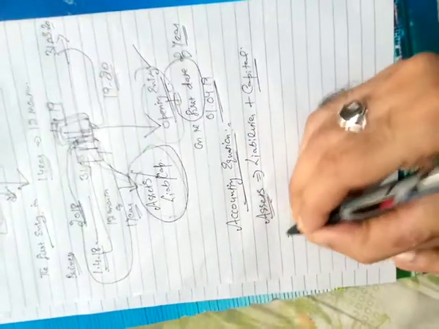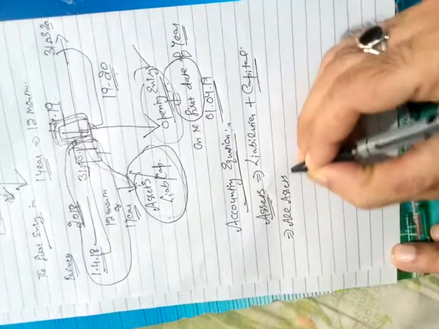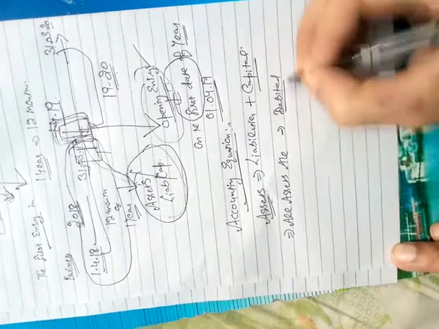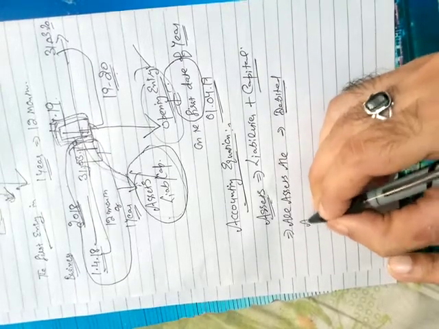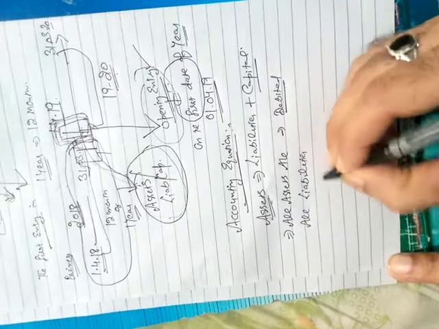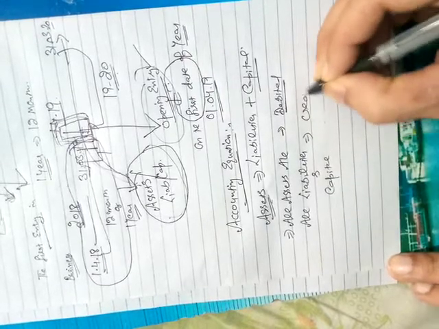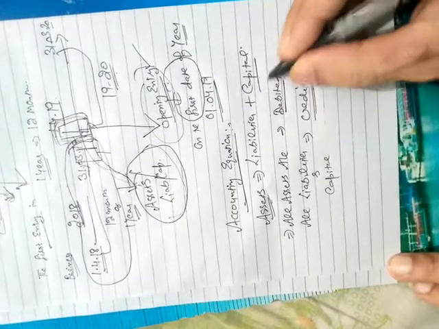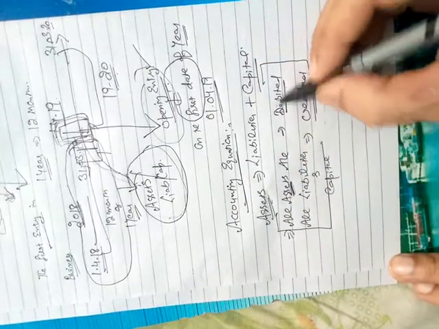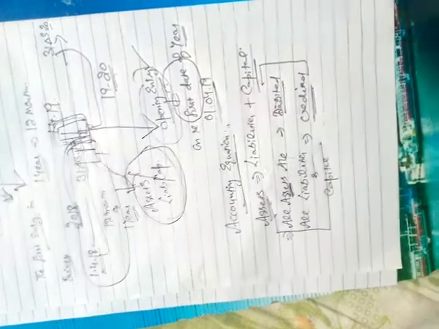All assets accounts will be debited, and all liabilities and capital accounts will be credited. Okay, simple rule: all assets will be debited and all liabilities and capital accounts will be credited.